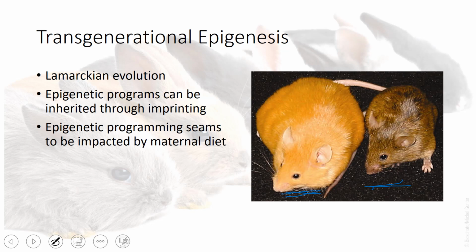On top of that, if your mom consumes materials in her diet while you are in utero that are particularly good at facilitating methylation, it can impact methylation patterns. Again, we'll see that especially with this specific coloration, this specific version of transgenerational epigenesis.